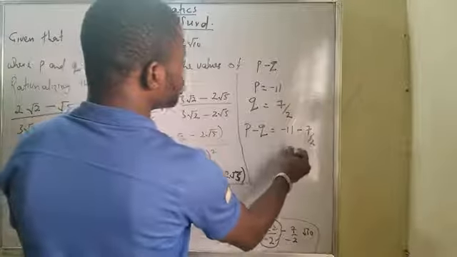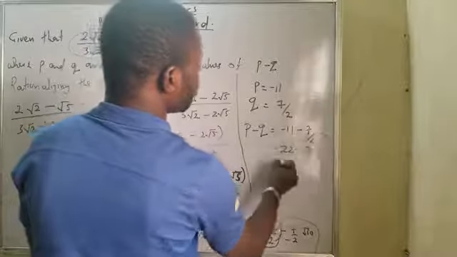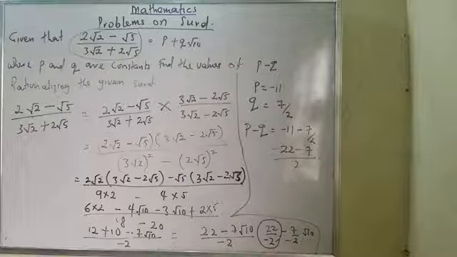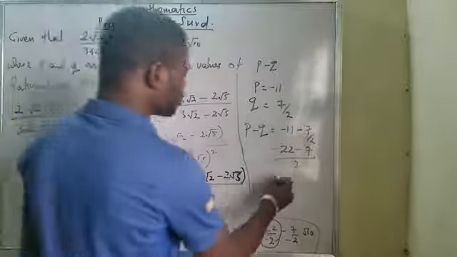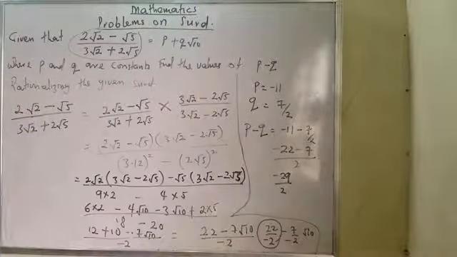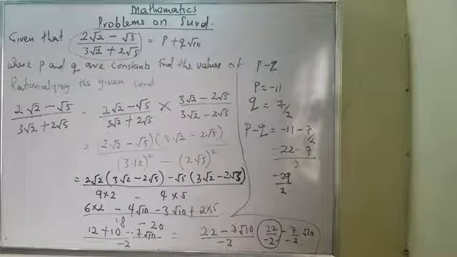Which gives minus 22 minus 19 all over 2, which will be minus 41 divided by 2. Depends how you want to do it. That is your answer.